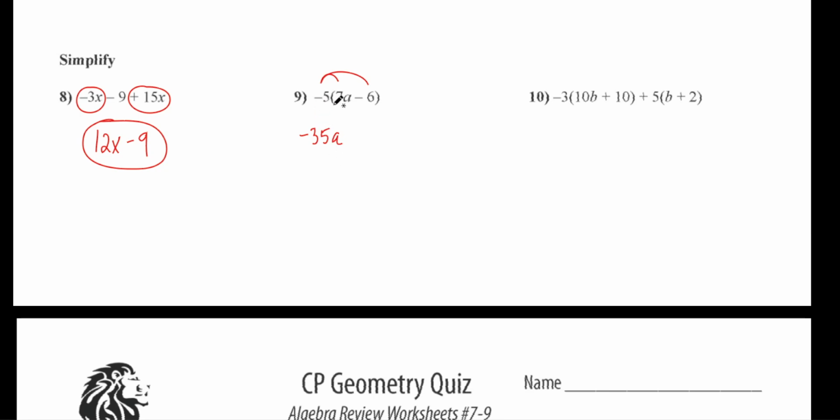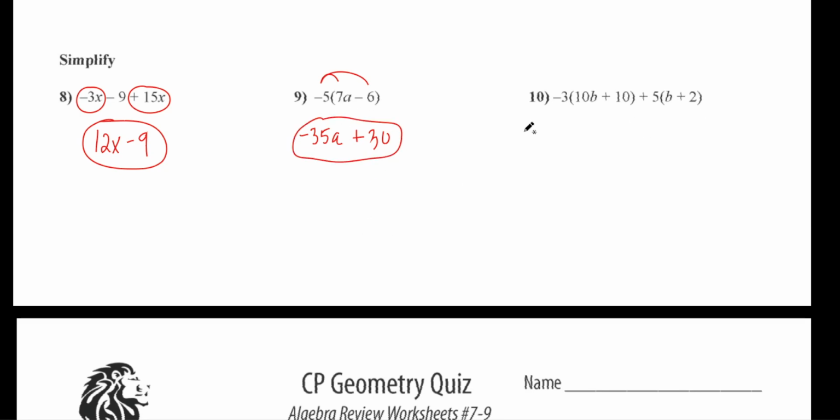You got a negative times what? A negative times a negative, which is a positive. Everybody see that? Negative 5 times negative 6 is positive what? 30. Do I add those up? No, because that has an a, that doesn't. They're not like terms. That's the only way to write the answer.